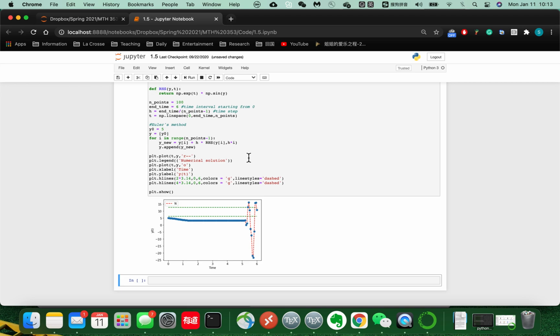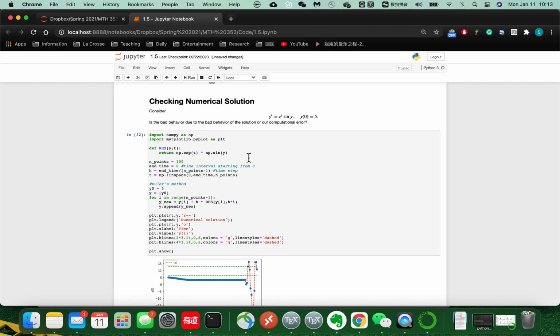Then you will find, if you start from sine y, what did I write? Sine t, sine y. Okay, sine y. Now, if you write down the solution, you can find sine y equals 0 will give you y equals 0, and y equals 2 pi, and y equals 4 pi.